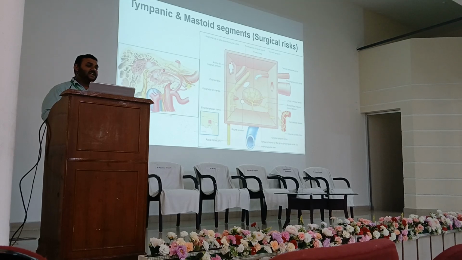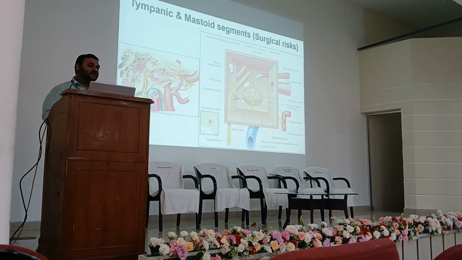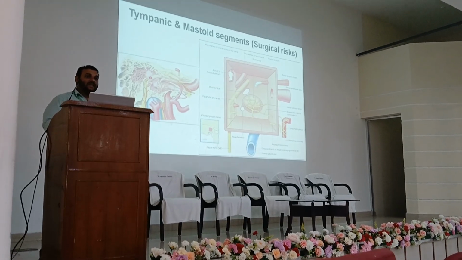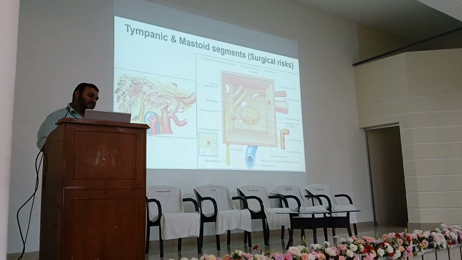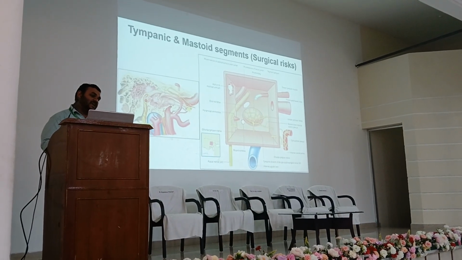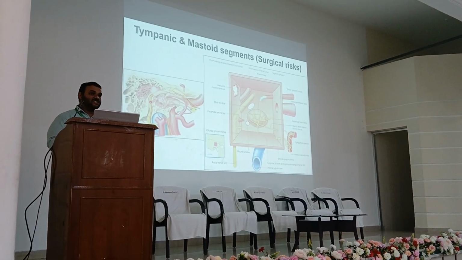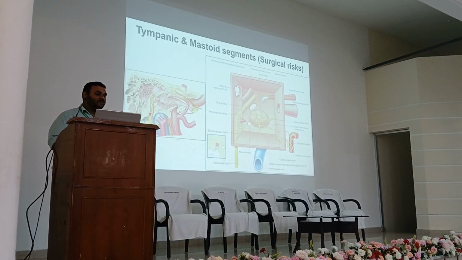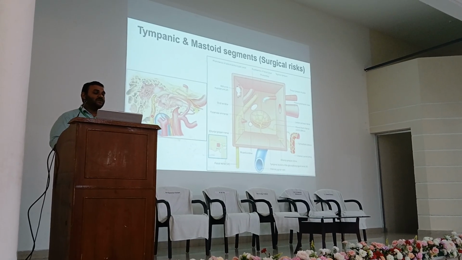Initially the tympanic part curves around the oval window, and the anterior and inferior part of the lateral semicircular canal. Then it takes the next bend, the second genu. Then the mastoid segment runs vertically downwards to the stylomastoid foramen.